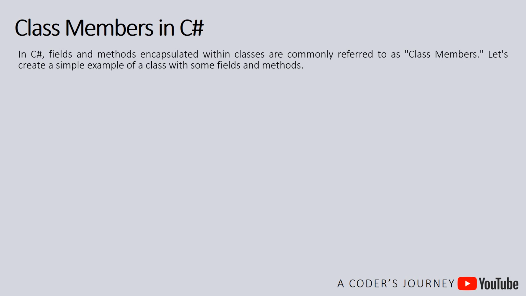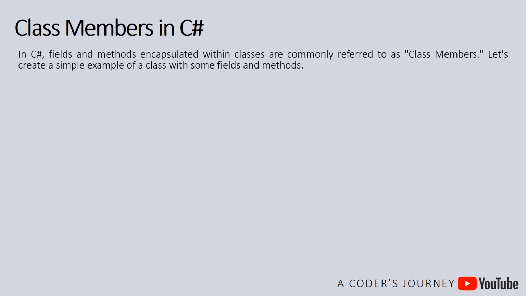So whenever I say class members or members of a class, I mean the fields, the methods, and other things which we will cover in the upcoming videos, which are all encapsulated or put into a class. So they are members of a class, right? The class possesses these different concepts like fields and methods and so on.